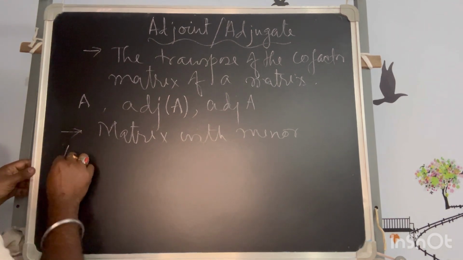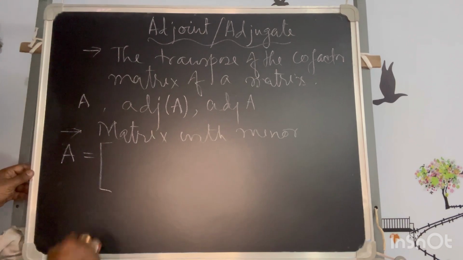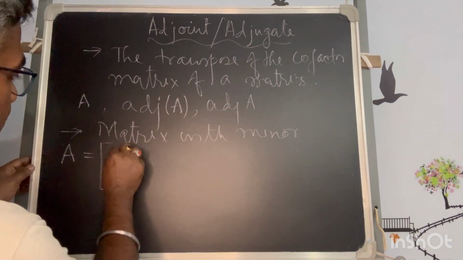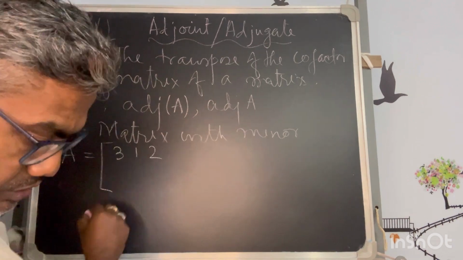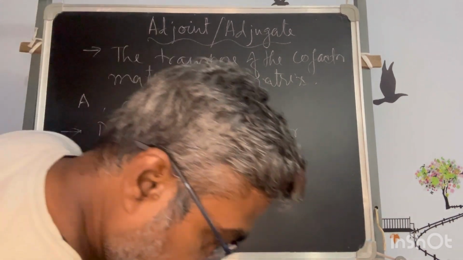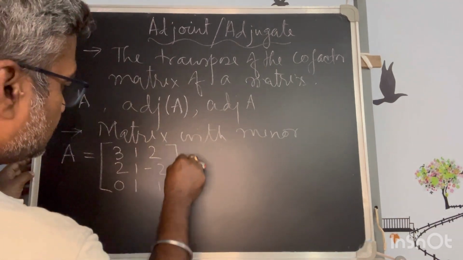So let's take a matrix A: 3, 1, 2, 2, 1, minus 2, and 0, 1, 1. Let me take this.